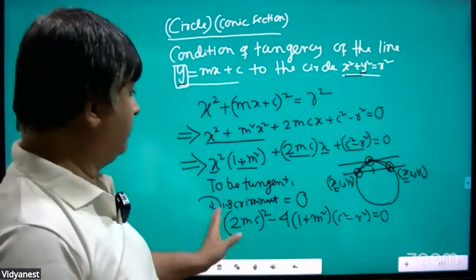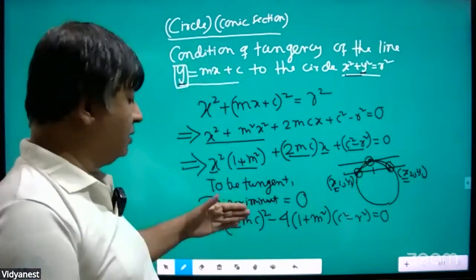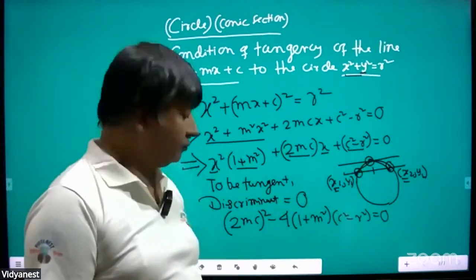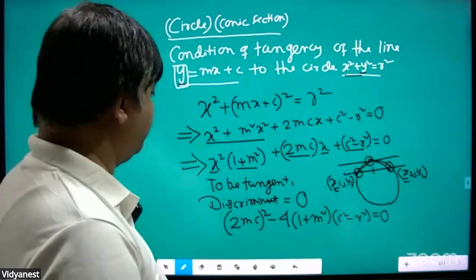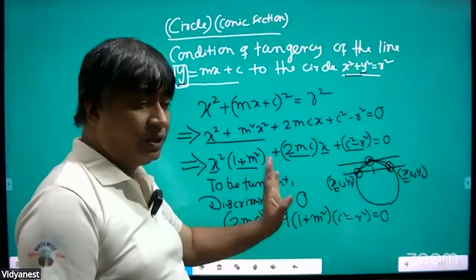So this chord will become a tangent if the discriminant becomes 0. Now once you get discriminant 0, you understood.